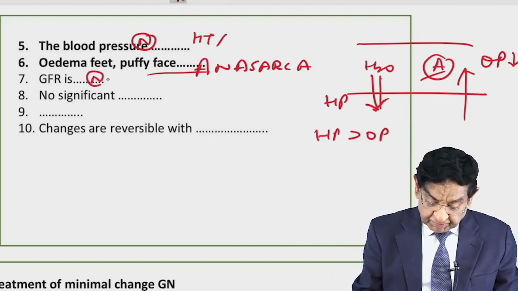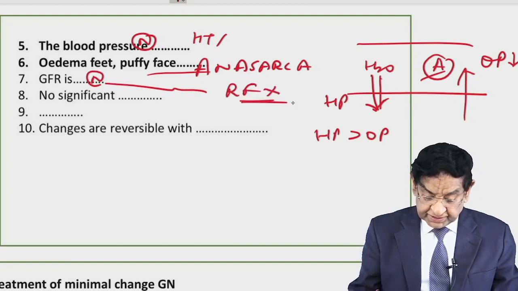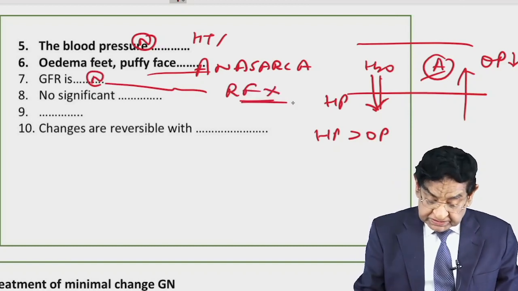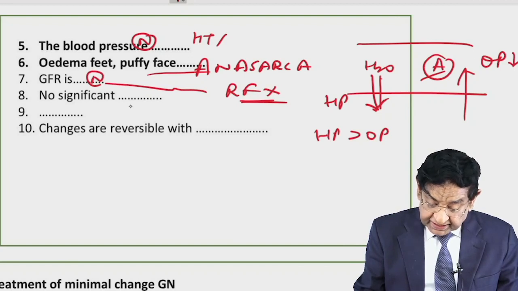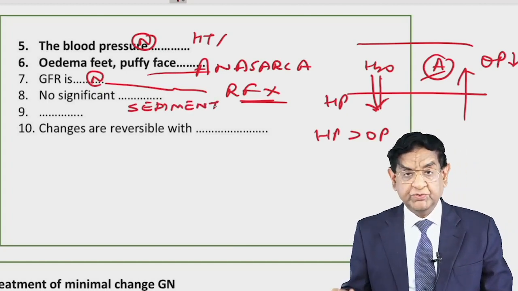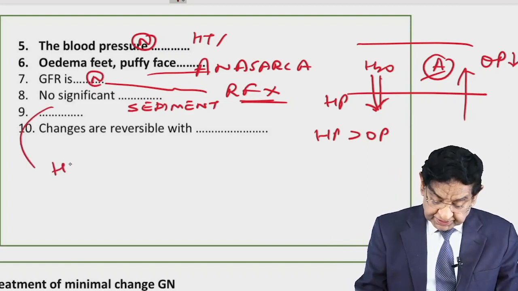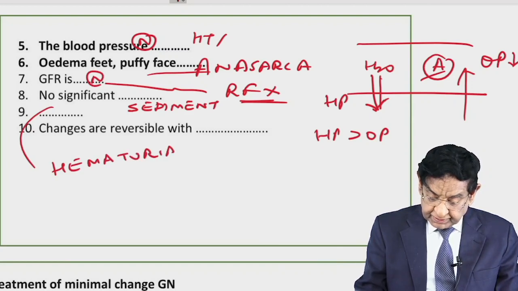GFR is normal. That means renal failure is not a feature, and there is no significant urinary sediment. If you examine the urine, you will not find any sediment, and hematuria is not a feature.